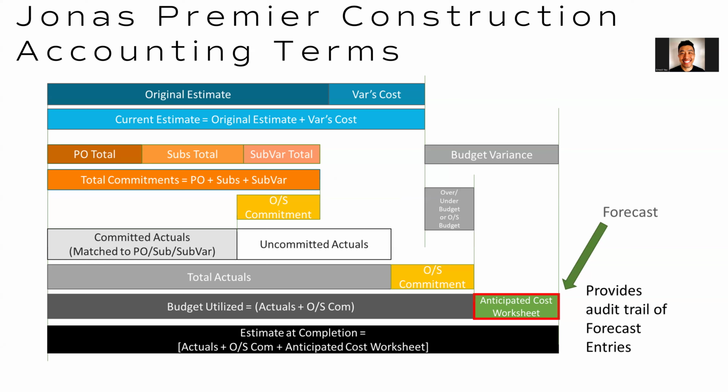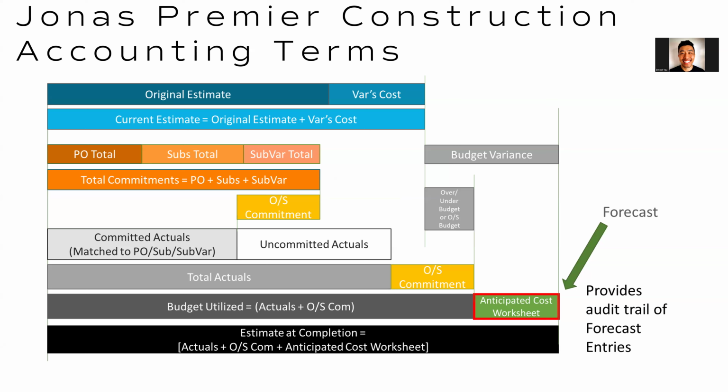That is any AP invoices that are matched to a PO, subcontract, or subcontract variation. That's what Premiere calls committed actuals. If you raise an AP invoice that's not related to a PO, subcontract, or subcontract variation, that is what Premiere calls uncommitted actuals. On top of that, you can see outstanding commitments. That's basically any of the commitments that you raised in the orange that you haven't yet invoiced out, that you haven't attached an AP invoice to.